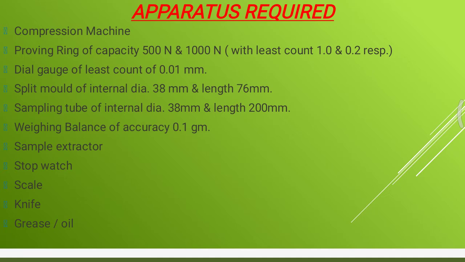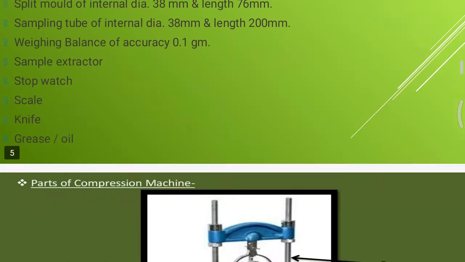Then a split mold of internal diameter 38 mm and length 76 mm. Then a sampling tube of internal diameter 38 mm and length 200 mm, a balance of accuracy 0.1 gram. Then a sample extractor, a stopwatch, a scale, a nib, and grease or oil.